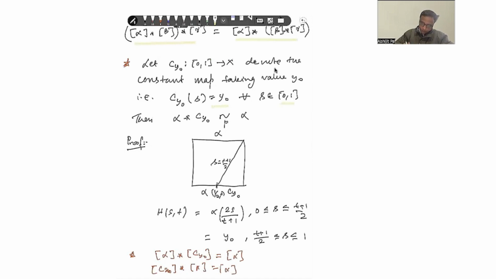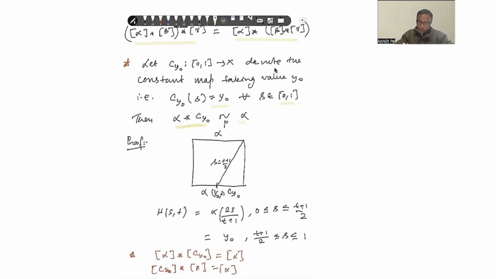So now the claim is that alpha star c of y naught is path homotopic to alpha. Alpha is a path, and c of y naught is a constant path. Alpha is a path from x naught to y naught, so therefore alpha star c of y naught makes sense.